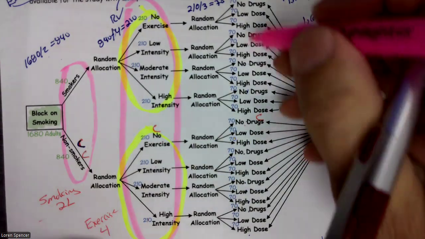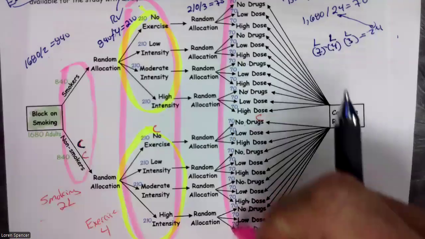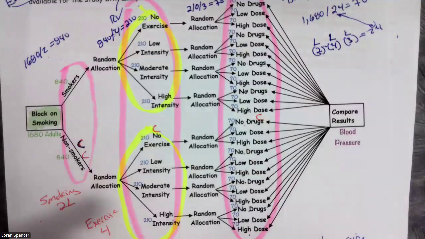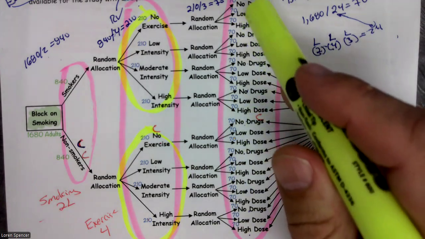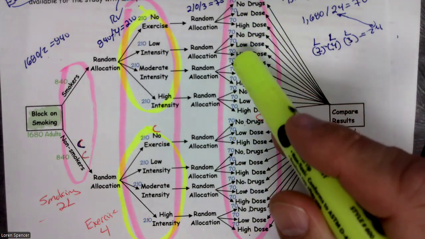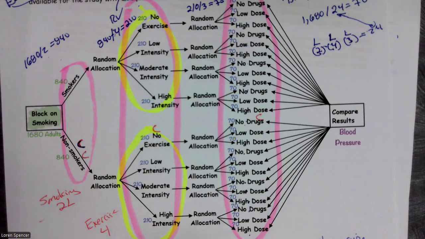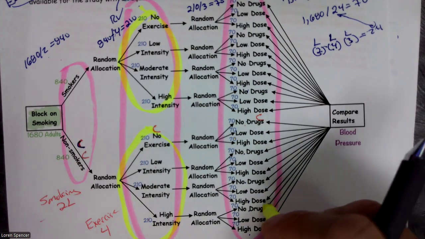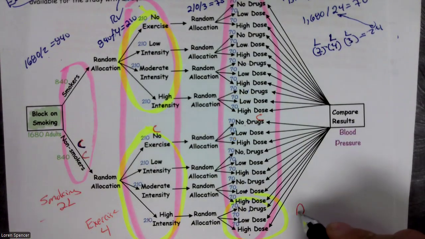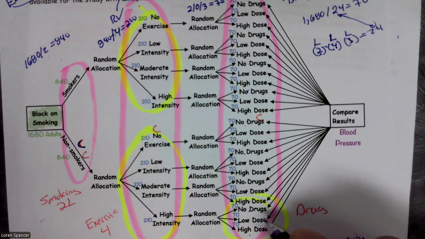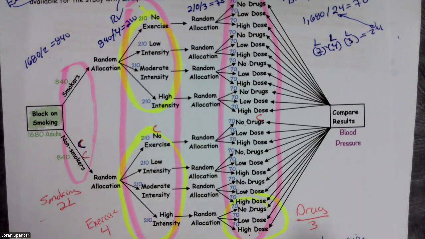And then the next time it's split a bunch of times, but I notice no, low, high, no, low, high, no, low, high. So I have a bunch of divisions and they all repeat. I don't count the repeats. I just need to focus in on one. So this is my drug variable, and it has 1, 2, 3 levels.